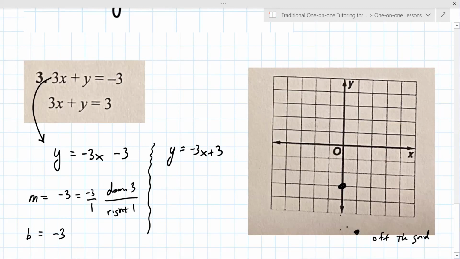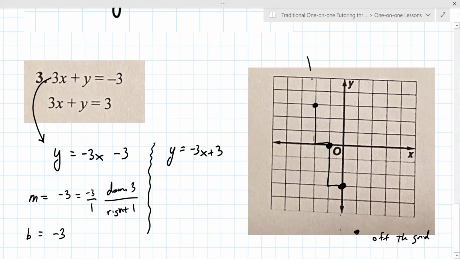And this is a little bit more difficult. You have to go backwards. You have to say, well, where would I be, so that when I go down 3 and right 1, I get to that point. And then similarly, down 3 and right 1. It's going backwards.